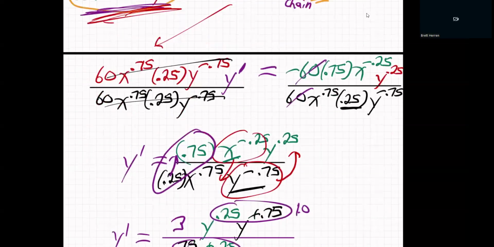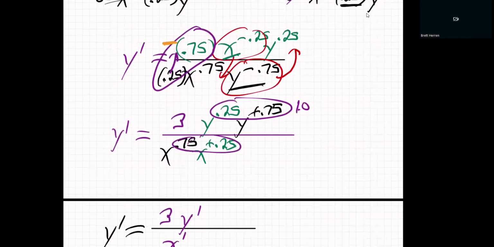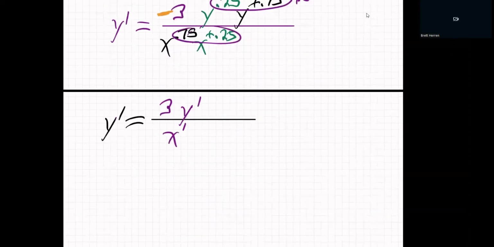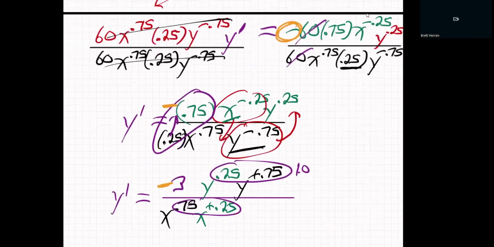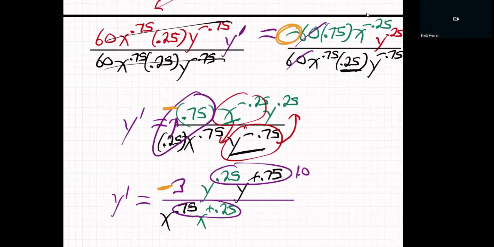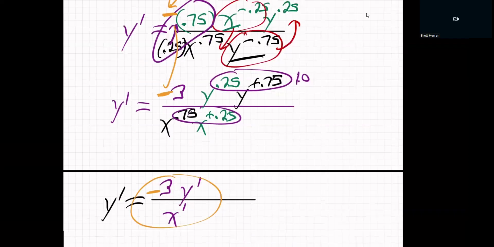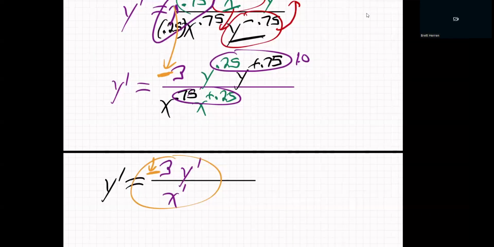Oh, right there, this minus sign. I lost this bad boy. Minus, minus, sorry. There it is. I lost it. That minus sign right there, right there, and right there. They're right. I lost the minus sign.